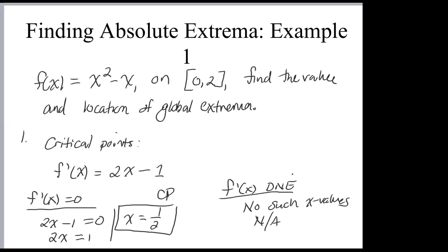So I have one critical point, x is equal to 1/2. Endpoints are the two other x values that I'm looking for: x is equal to 0 and x is equal to 2. I have 3 locations I need to check for absolute max or min.